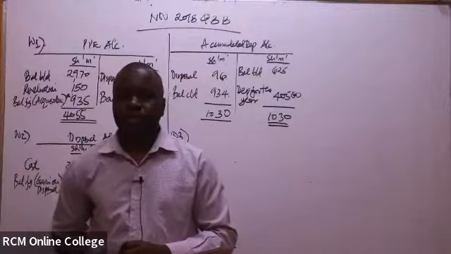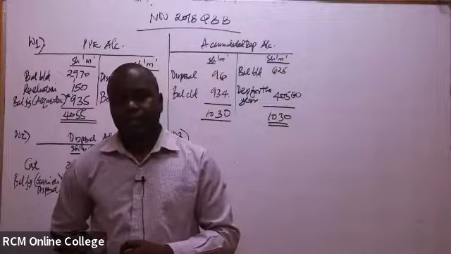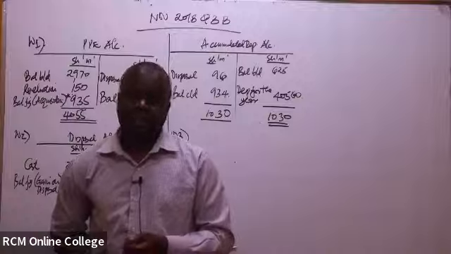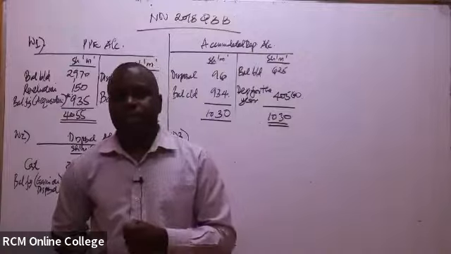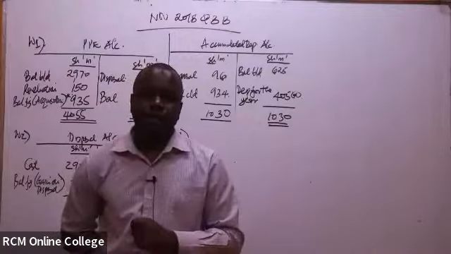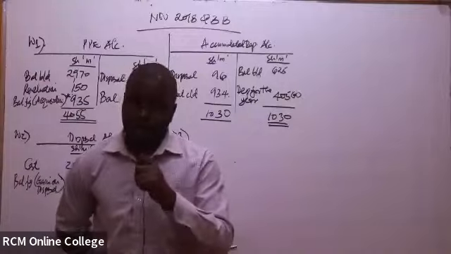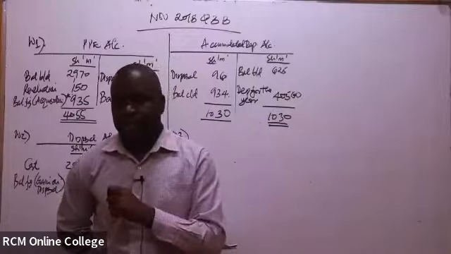By 320. But ideally, with this 320, it's not that they actually received the cash. 180 of it was conversion of a loan into ordinary share capital. There was no real actual inflow they got on 180 of these 320.